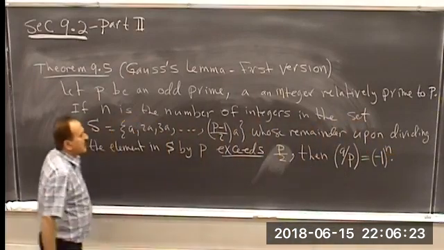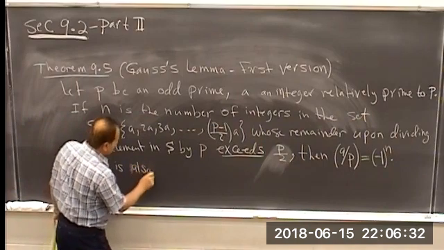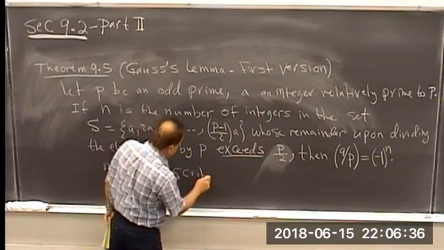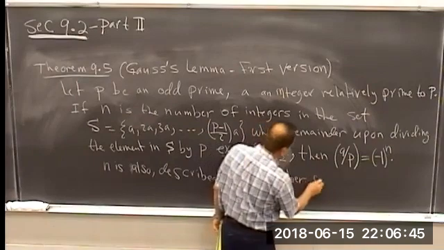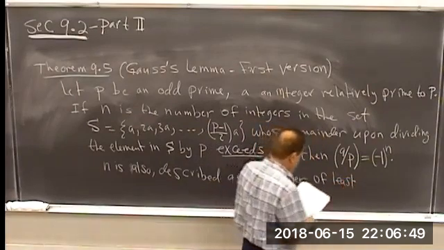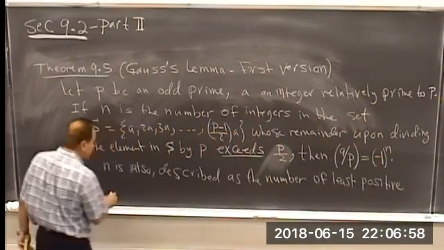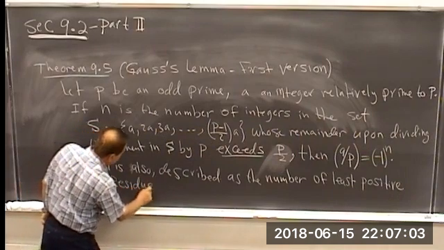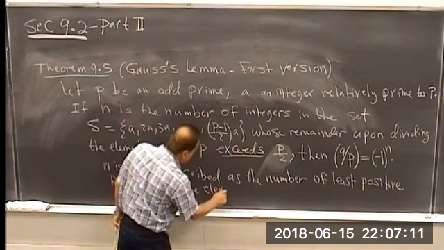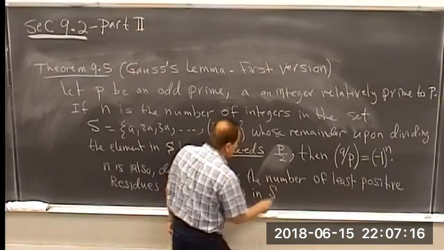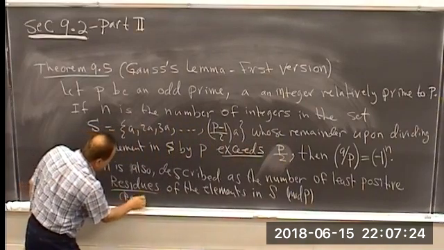There's another way we sometimes refer to n: n is also described as the number of least positive residues of the elements in S mod P. Now the word residue here refers actually to remainder, not the quadratic residue.